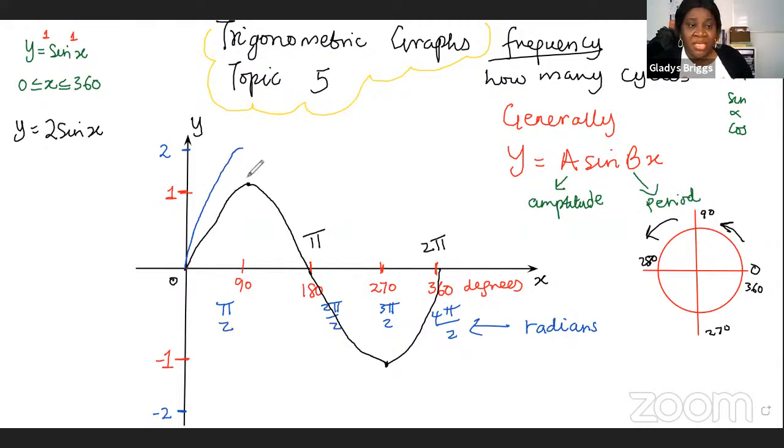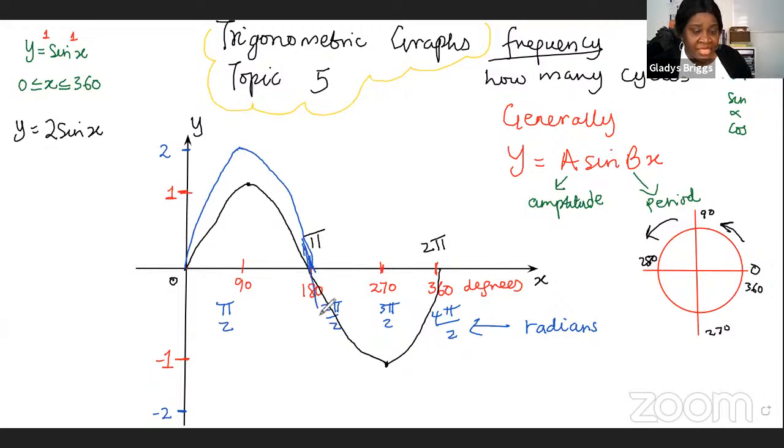It's still doing the first quarter at 90 degrees, another quarter, which is cutting the x-axis at 180 degrees. But instead of stretching to 1, it's stretching up to 2.